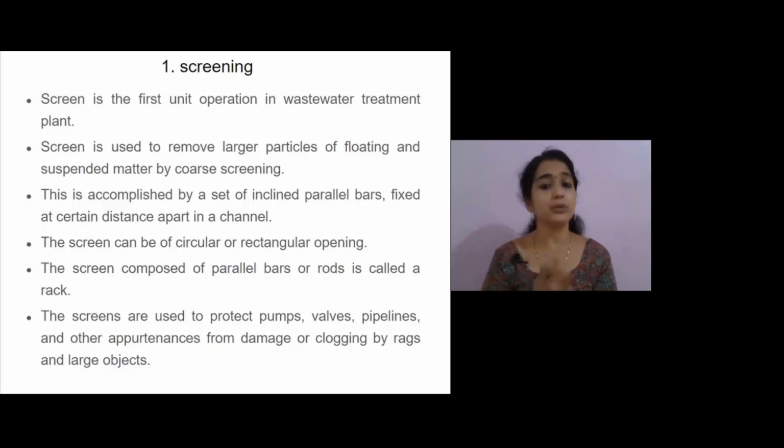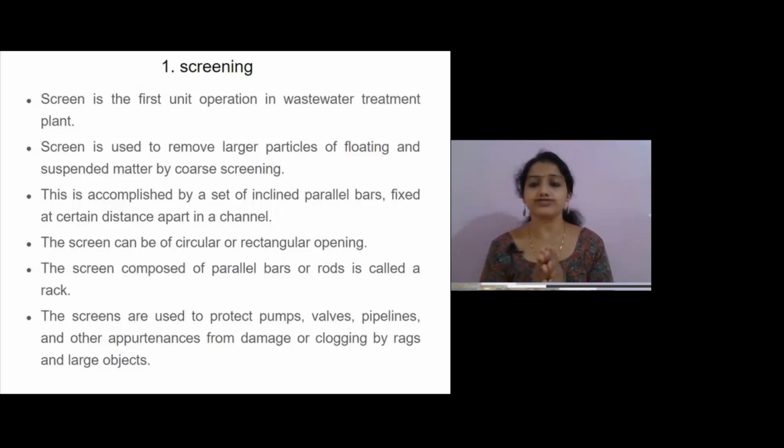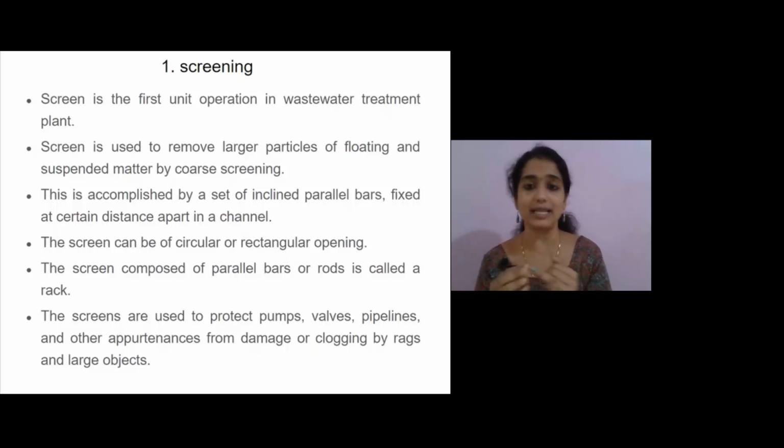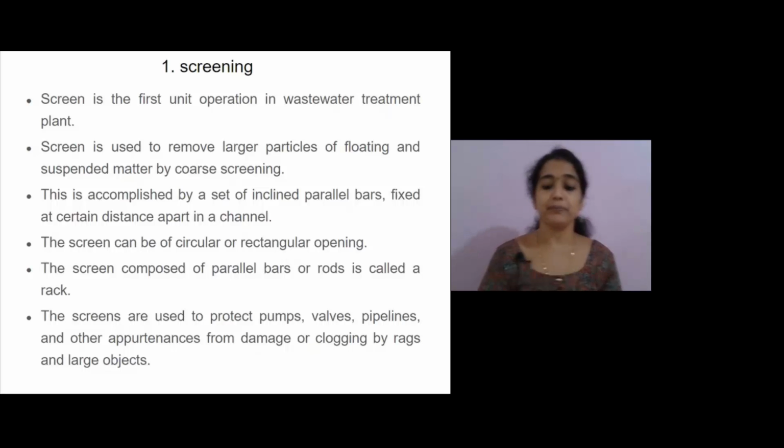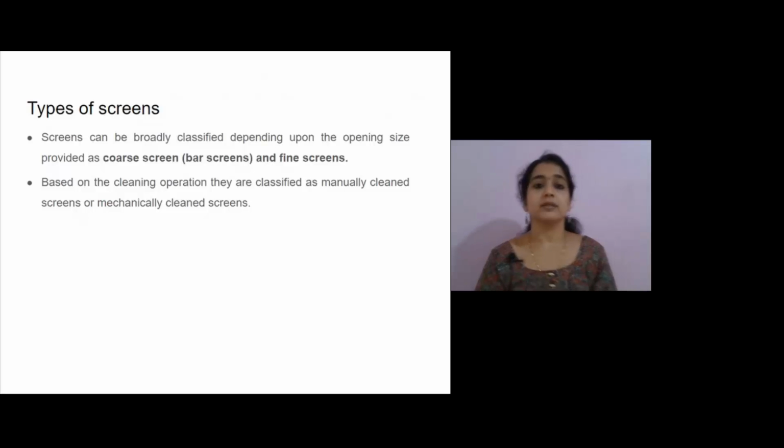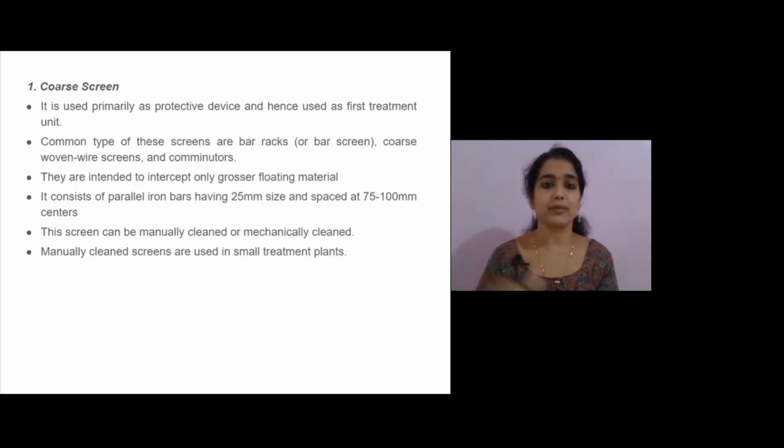And there are two types of screening we are going to use, that is coarse screening and then fine screening. The types of screens. There are two types of screens that I have already mentioned, that is coarse screen and fine screen. Based on the cleaning operation, they are classified as manually cleaned screens or mechanically cleaned screens.